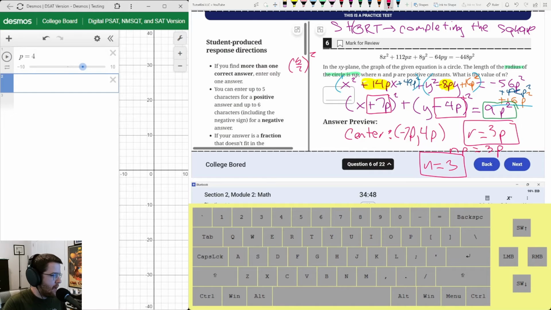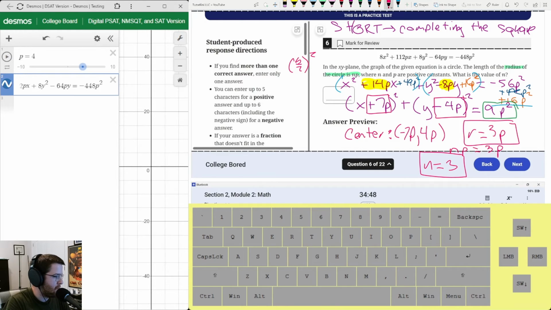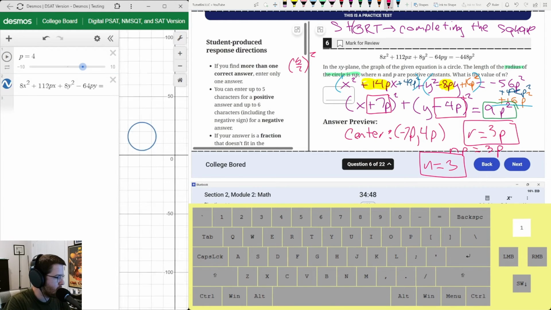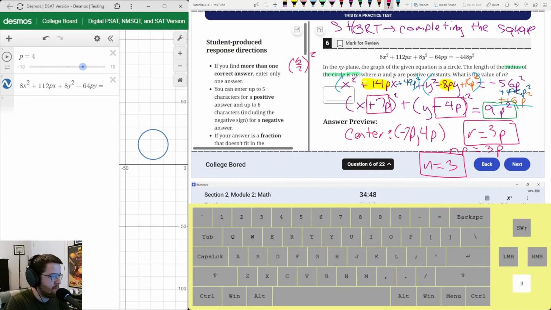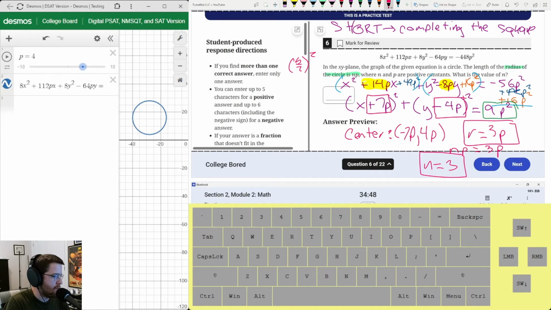And I'm just going to type in the equation from the very beginning. 8x squared plus 112px plus 8y squared minus 64py equals negative 448p squared. And you could do this with any positive value for p. Probably I would do like 2, 3, 4, or 5.